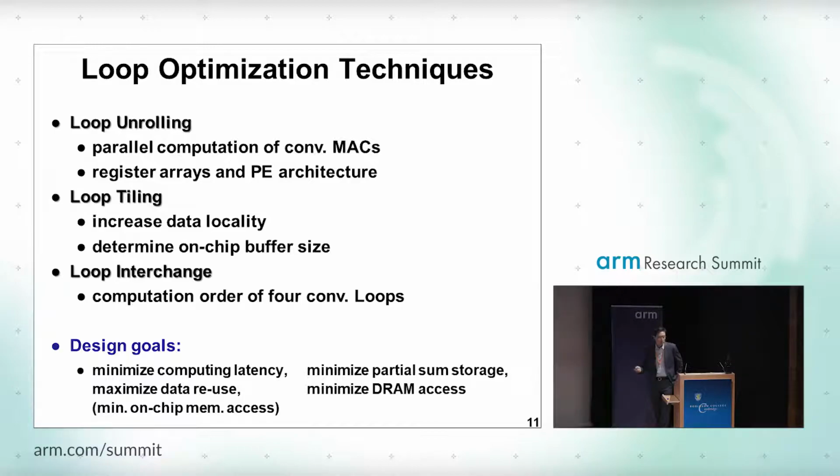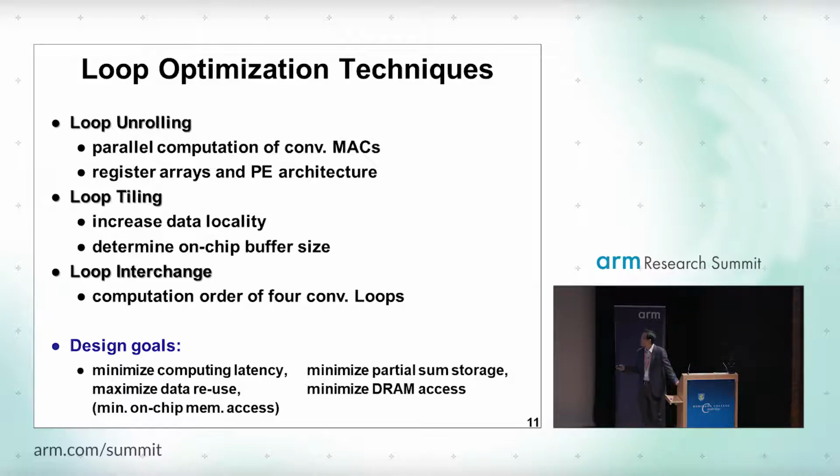So the loop optimization techniques that we employ cover three different aspects to minimize the overall latency, partial sum storage, and DRAM access. So first, loop unrolling or parallelization defines which loops will be parallelized with parallel MAC units that will define the overall processing element, or PE, structure and architecture.